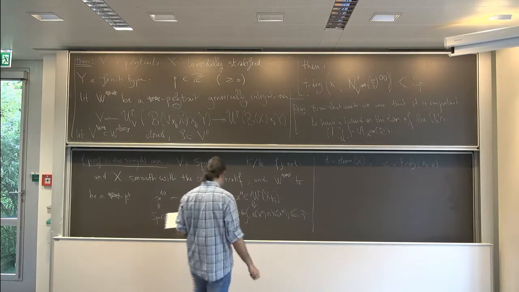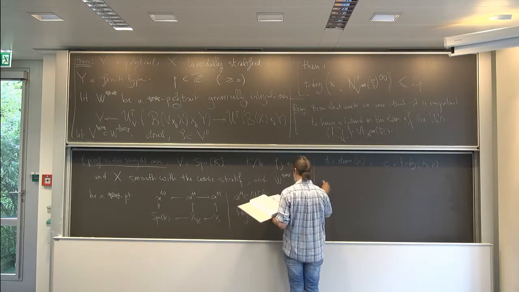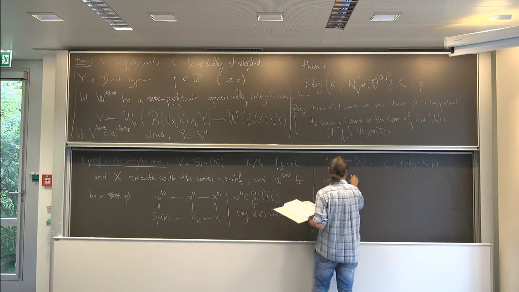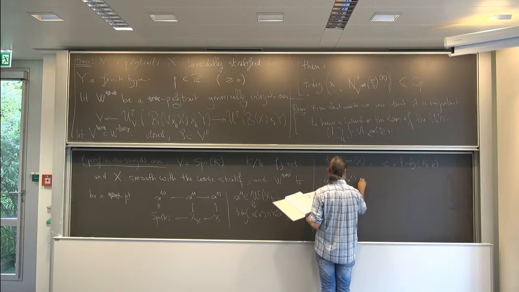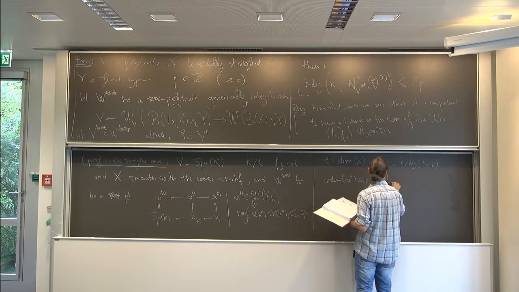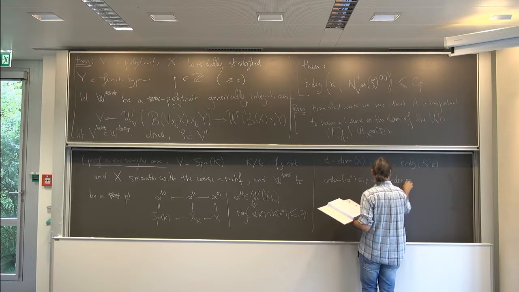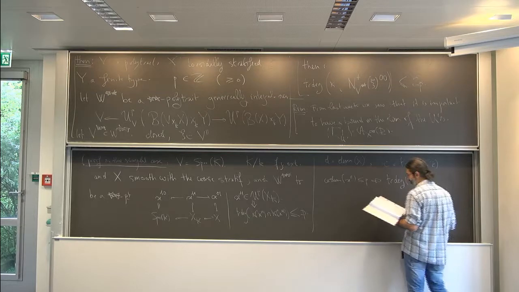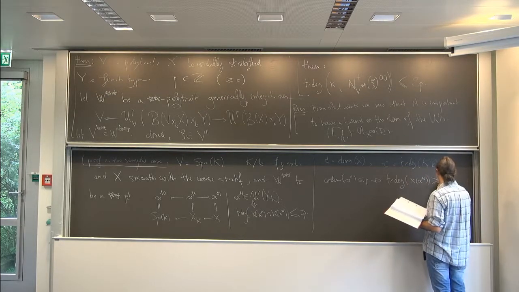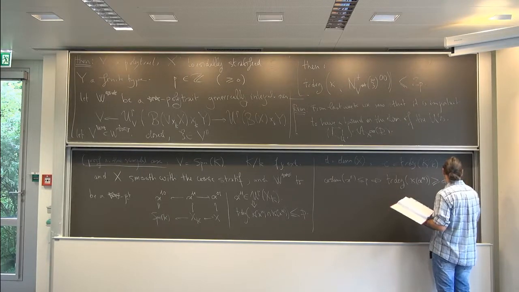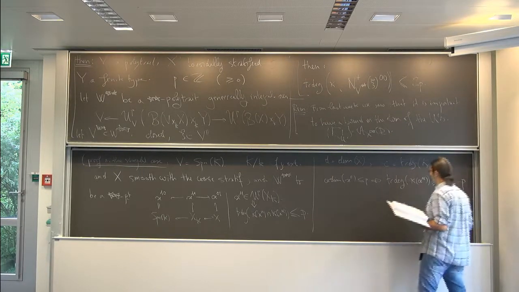So the point is that the condition that the codimension of x11 is smaller than p implies that the transcendence degree of kappa x11 is larger than d plus e minus p.